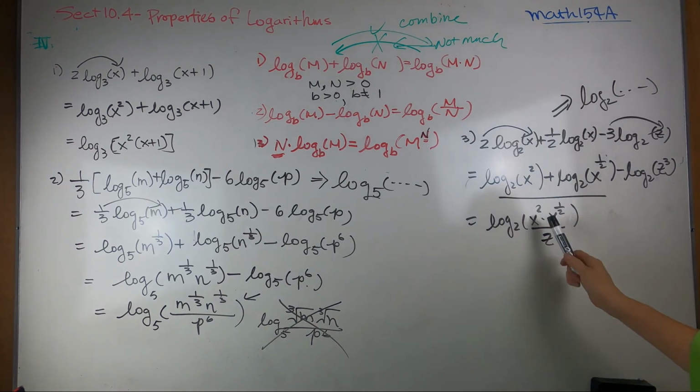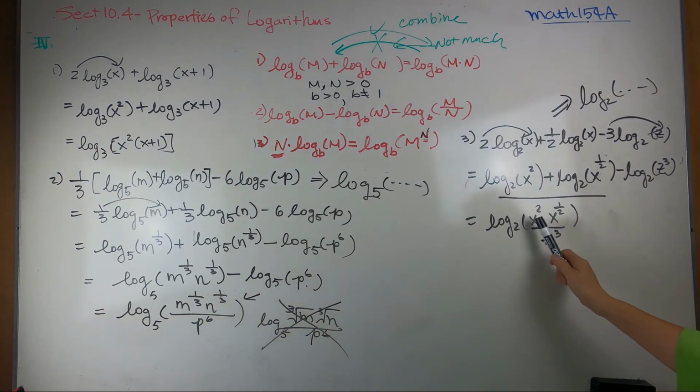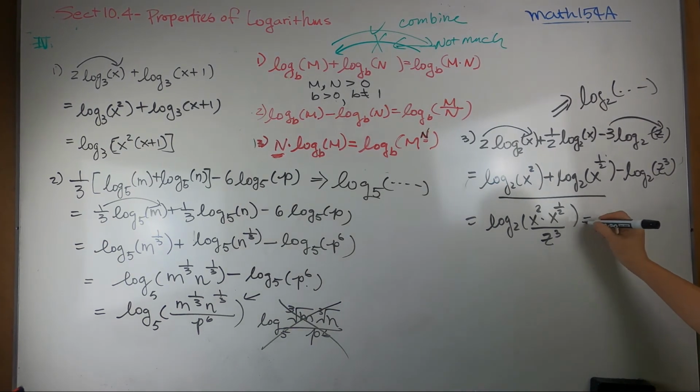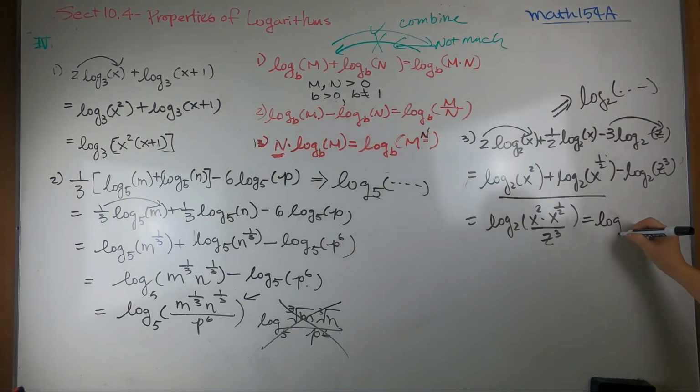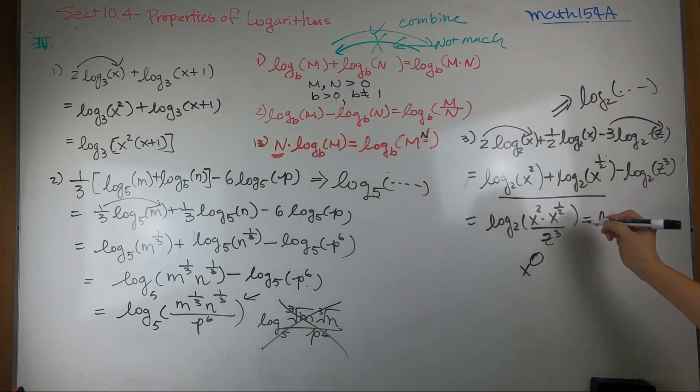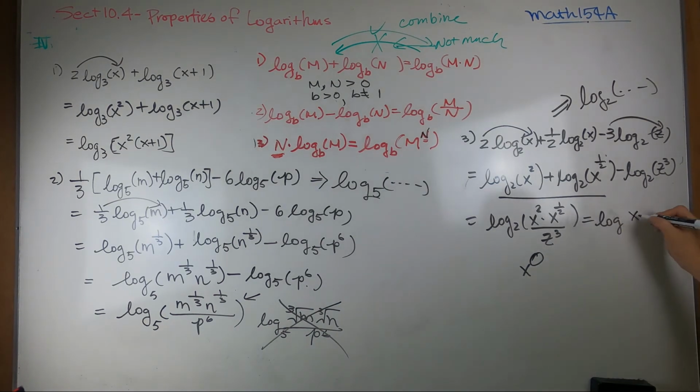But for the power, you don't leave it that way, right? With the same base, you need to write it simply, just one base, one power. So 2.5, right? Added together is 2.5.